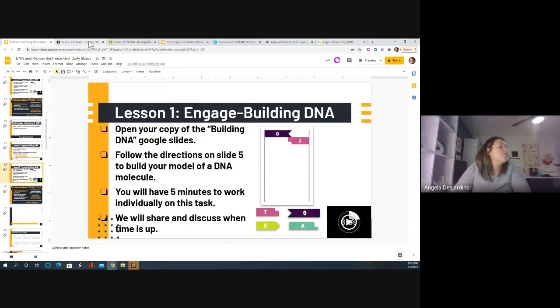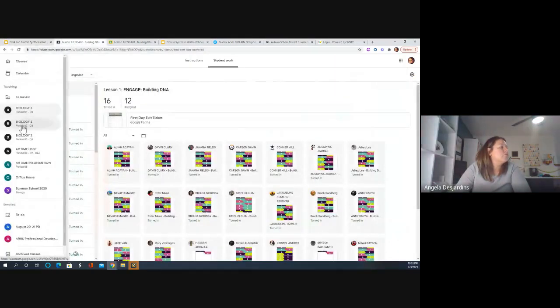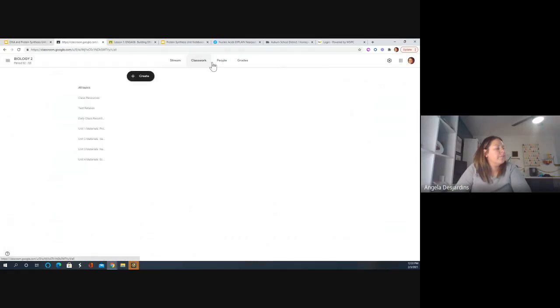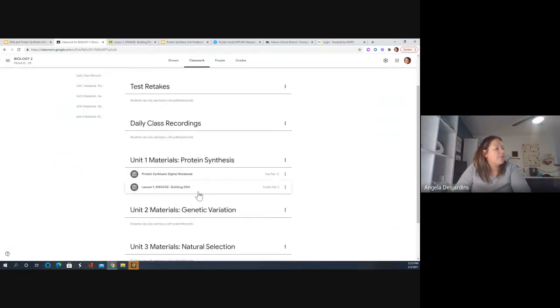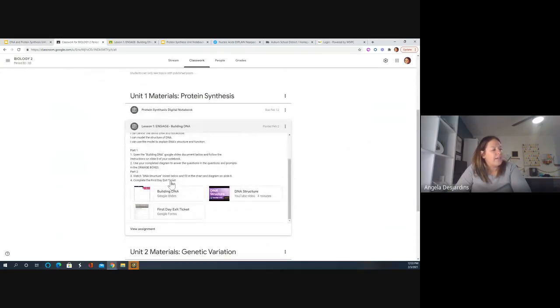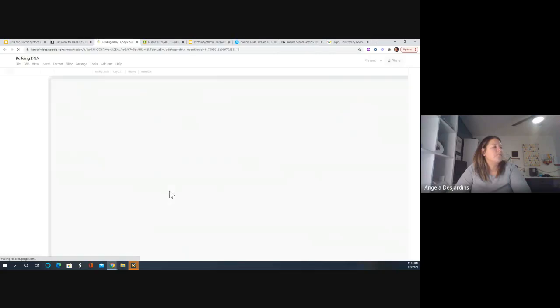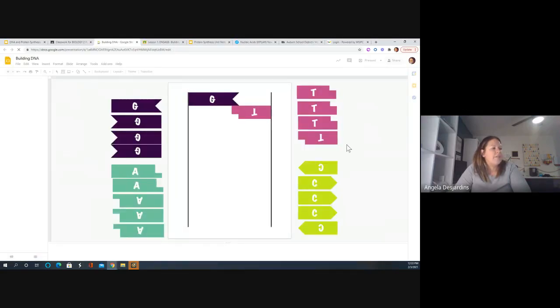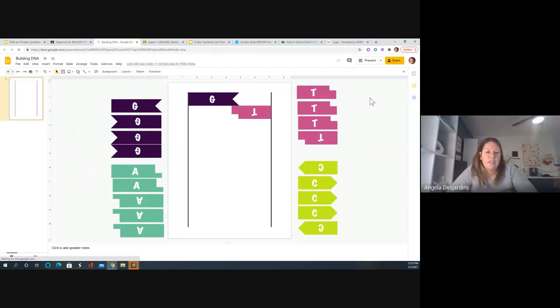Now, if I go over to that, okay, so if we go to lesson 1, it's going to be right here where it's going to say building DNA. So it's going to make a copy for you guys. On the perimeters here, those are your puzzle pieces.